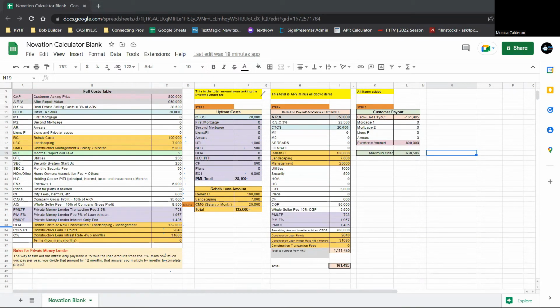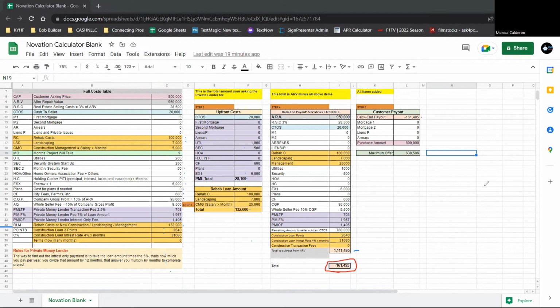Okay, so once we reach step 4, our back-end payout, or ARV minus expenses table, everything has the same as before, moved automatically over. And we're going to add all our expenses, which will give us this number. And we're going to subtract that from our ARV. Now, in this case, we're getting a negative number, 161.